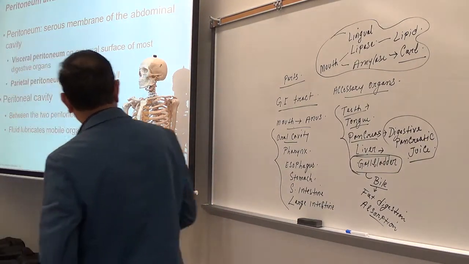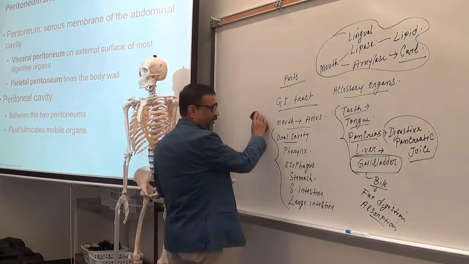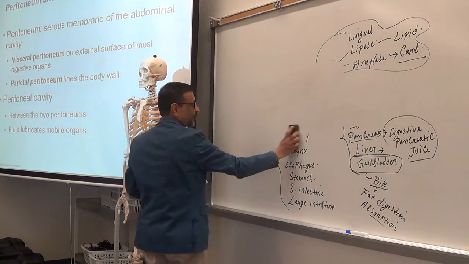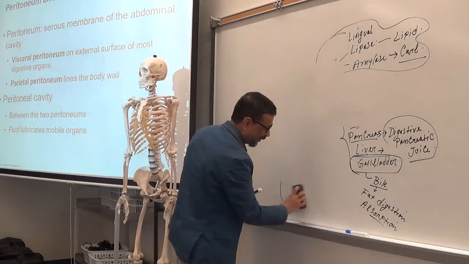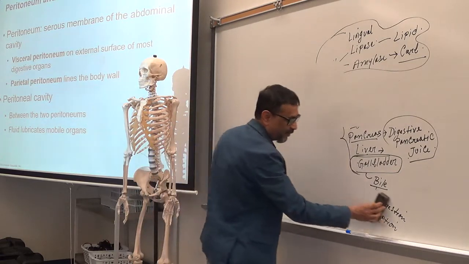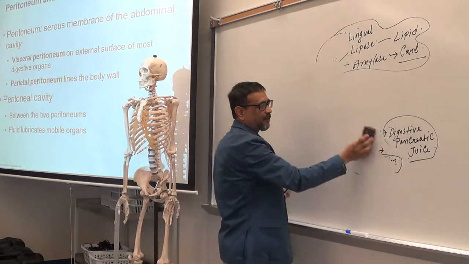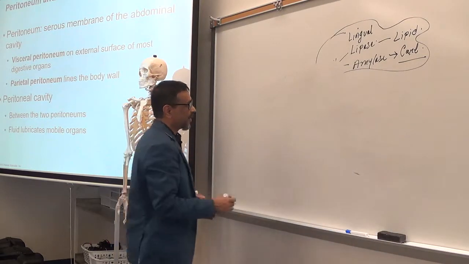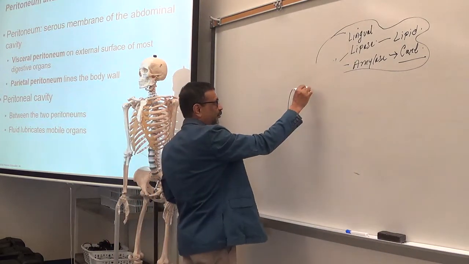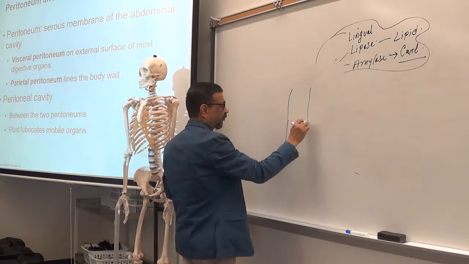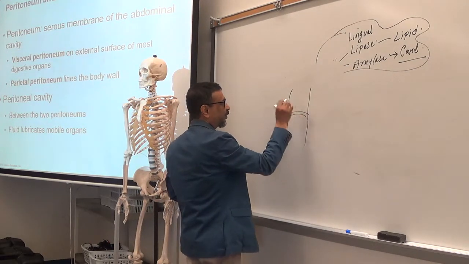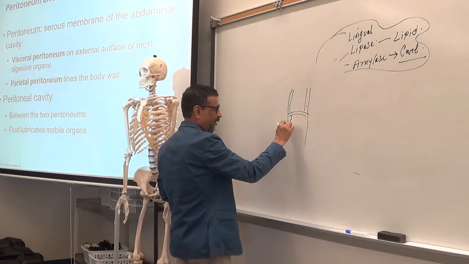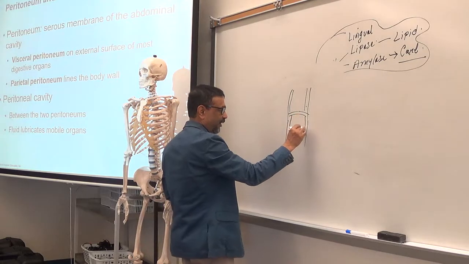Inside the abdominal cavity you have the digestive organs, and those organs are covered by a double layered connective tissue serous membrane that is called the peritoneum. So this is the body cavity. This is the thorax, the diaphragm. So this is the thoracic cavity. This is the abdominal cavity. So this is the wall of the abdominal cavity.